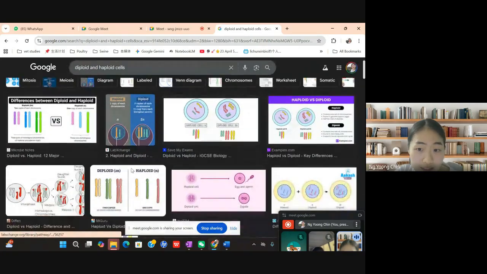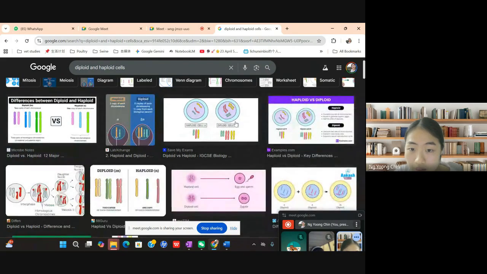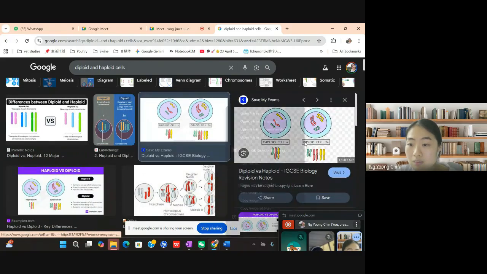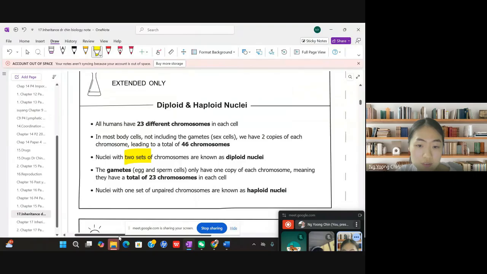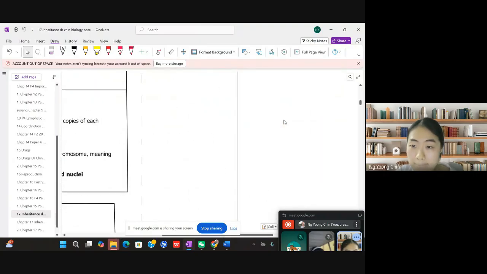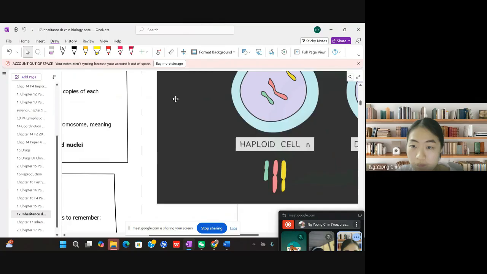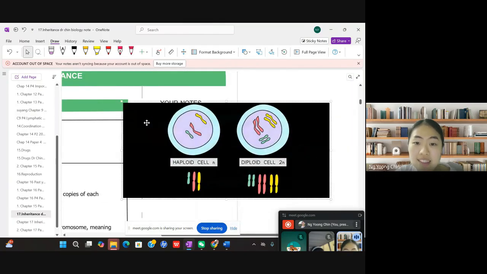So we can see their structure is something like this. Here is a diploid. Can you see the haploid cell and the diploid cell?